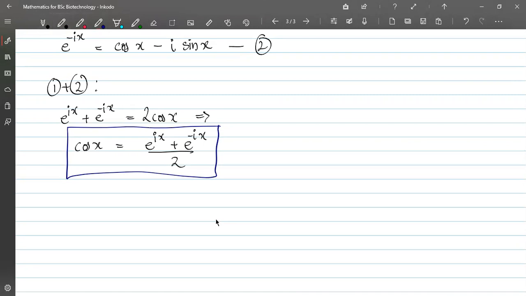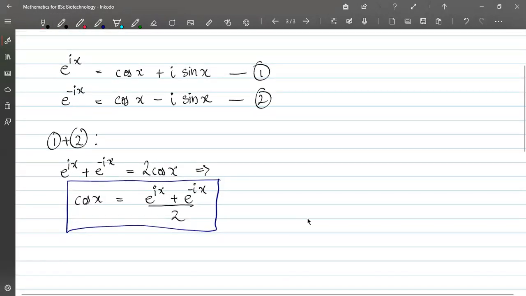In the same way, can you get sin x? From these two equations, how do you find the value of sin x?